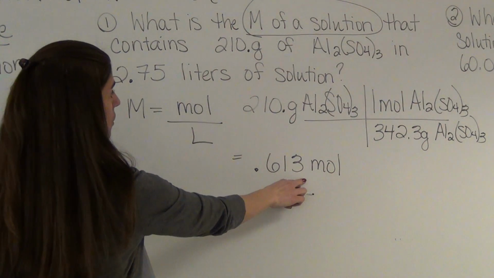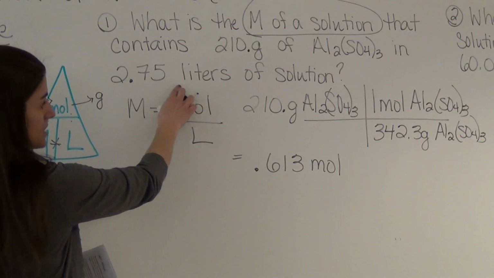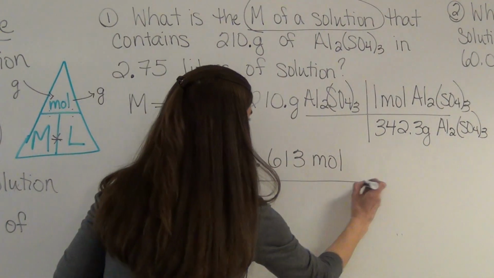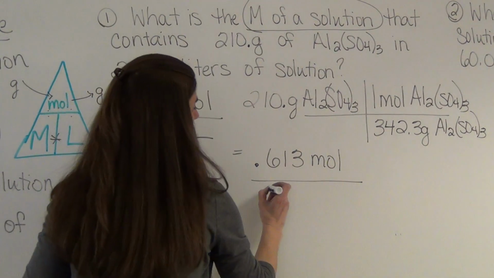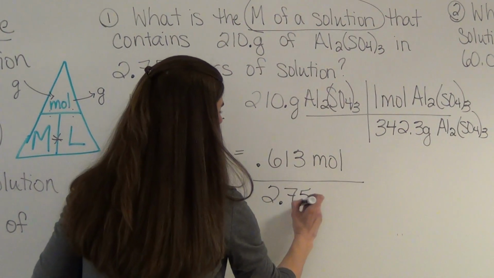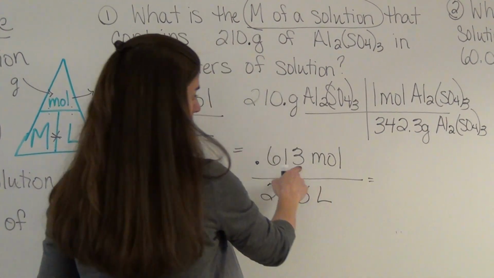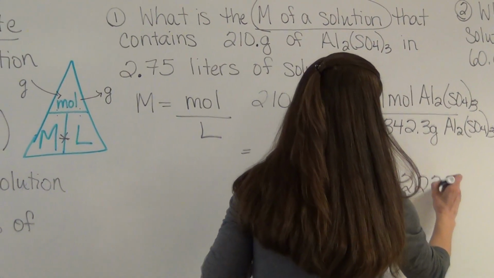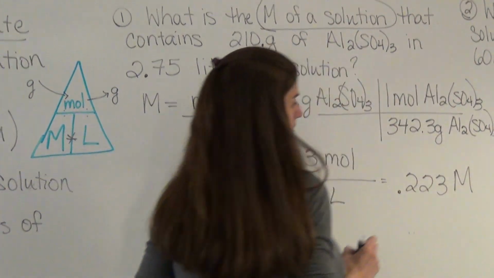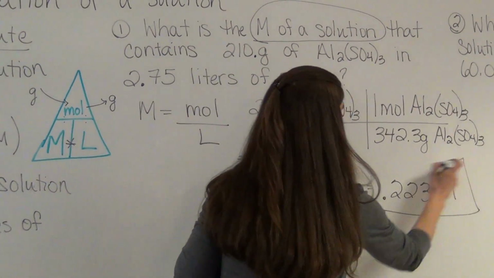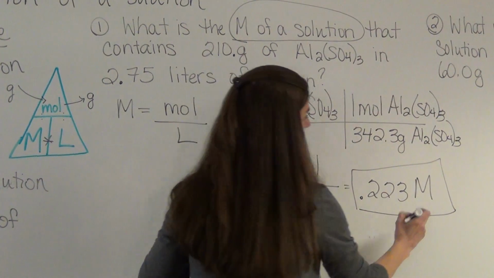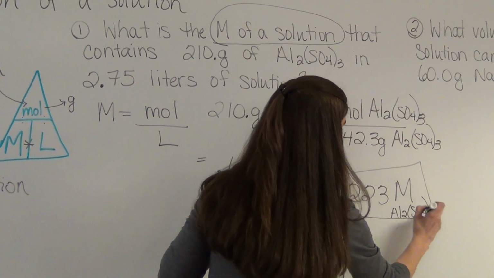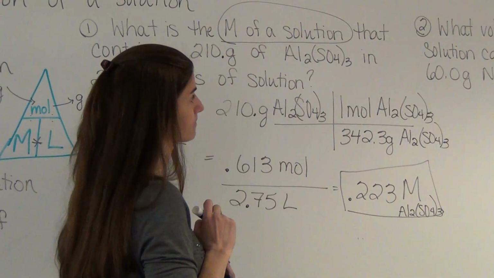So now we have moles, we have liters, and we just put it into our formula. 0.613 moles divided by, given to us in the problem, 2.75 liters. Divide, and we get 0.223 molar. And this is going to be our final answer. You can put Al2(SO4)3 if you want. That's actually the solution that you made. But we found the molarity of it.